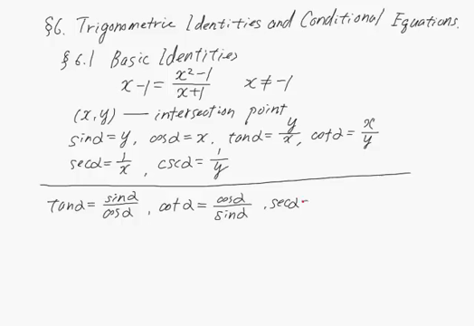Secant alpha is equal to 1 over cosine alpha. Cosecant alpha is equal to 1 over sine alpha. And from these identities, we may immediately derive some reciprocal identities. So those are the identities from the definitions.